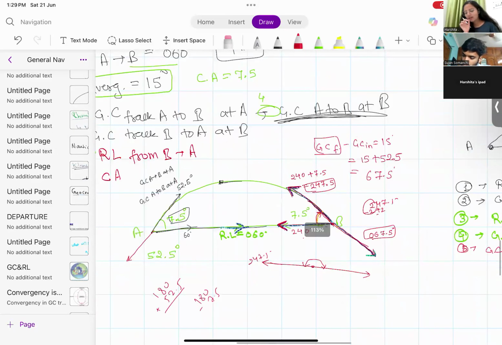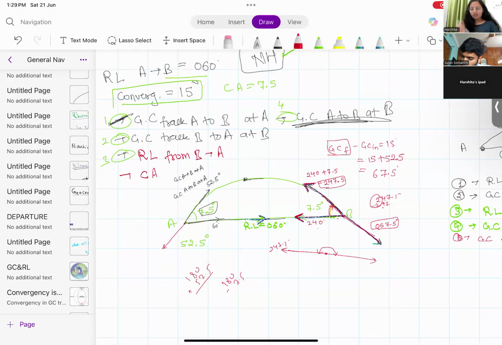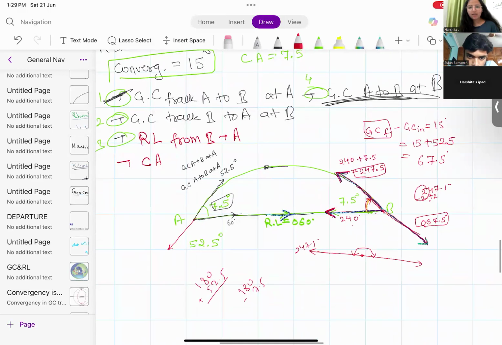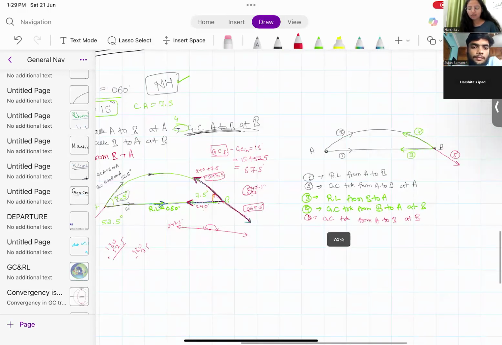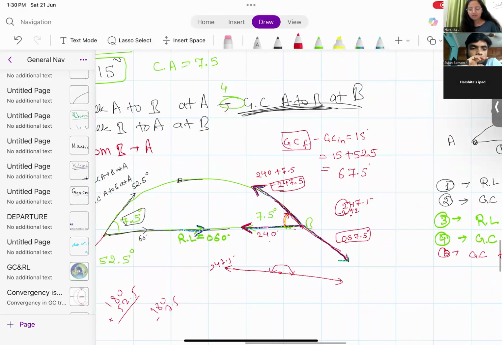Now we have found out everything. You have to tell me in the correct order which solution is for which question. Great circle track A to B at A. If you want, you can take reference from here. How does it look here?